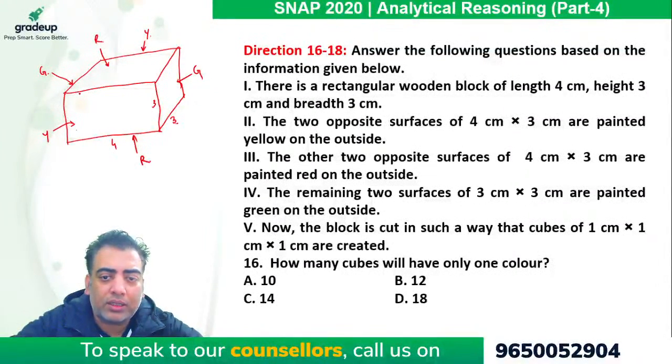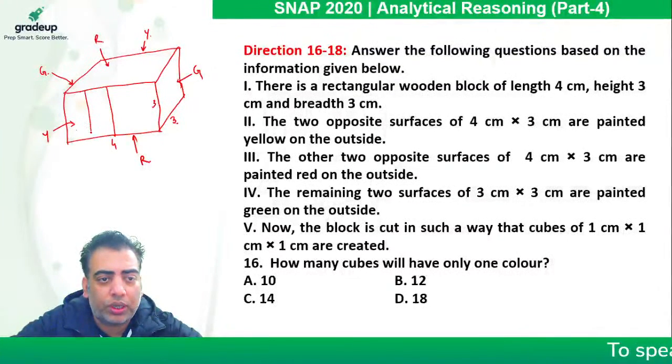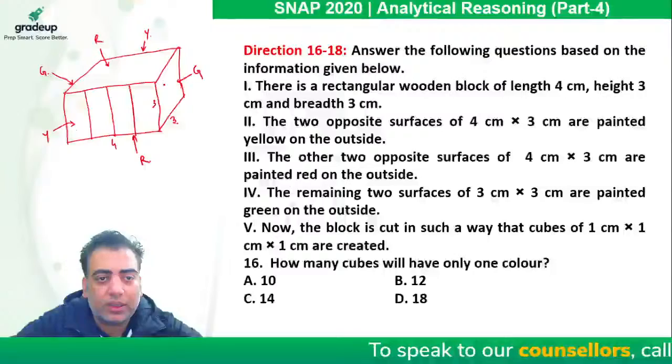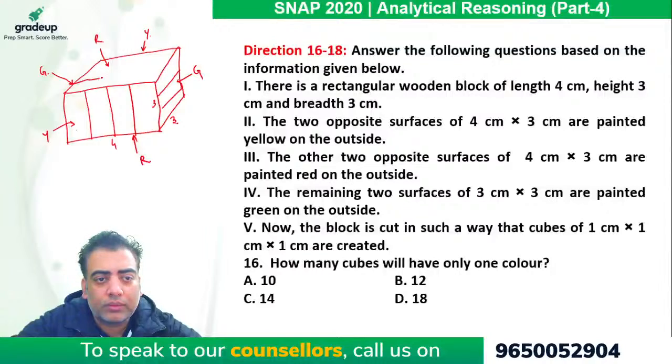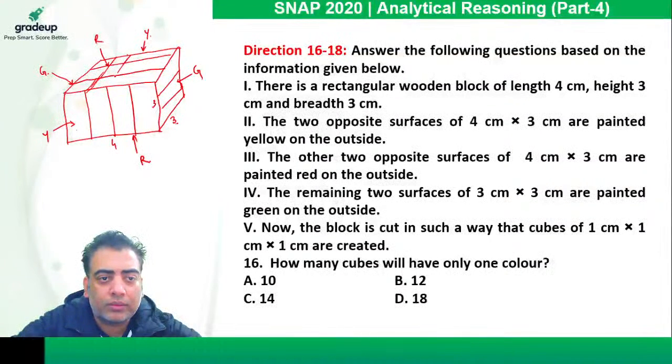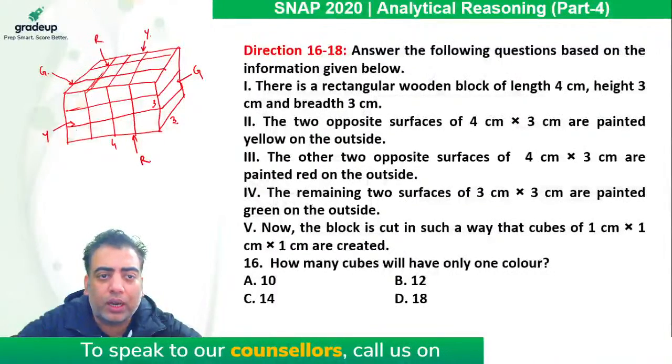As it is cut into 1 by 1 by 1 centimeter cubelets, we need to divide this side in 4 equal parts and the other sides in 3 equal parts. So this is how we have to make cuts, so that the size of each and every cubelet is now 1 by 1 by 1.